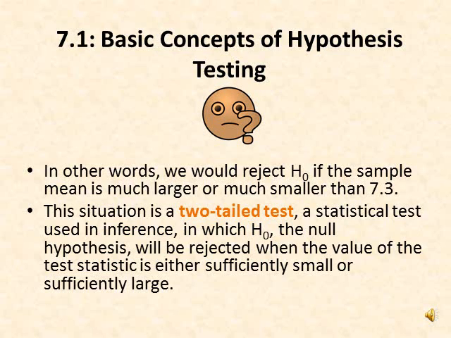In other words, we would reject the null hypothesis if the sample mean is much larger or much smaller than 7.3. This situation is called a two-tailed test, a statistical test used in inference in which H sub 0, the null hypothesis, will be rejected when the value of the test statistic is either sufficiently small or sufficiently large.